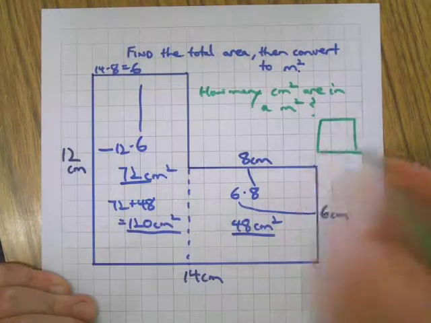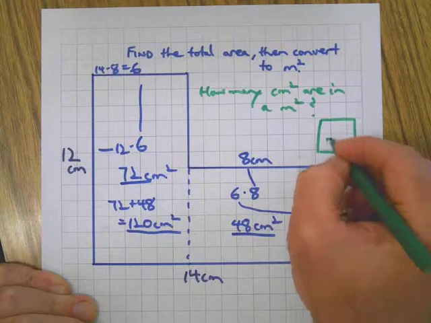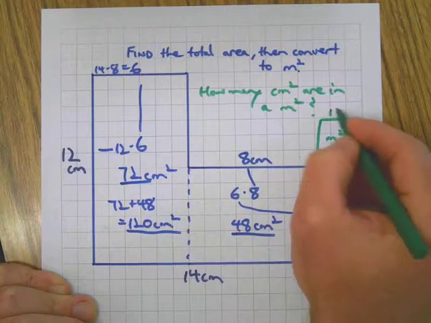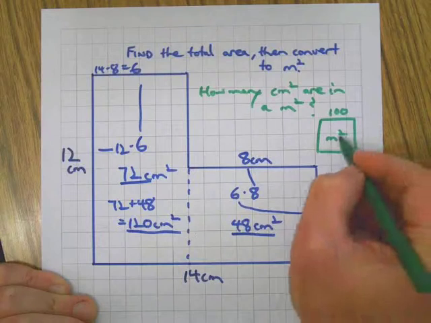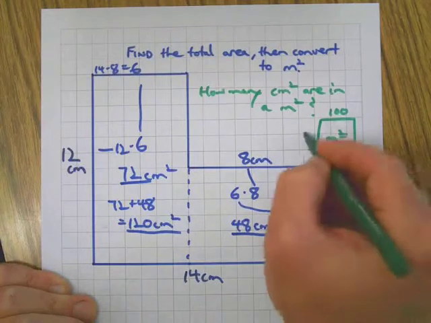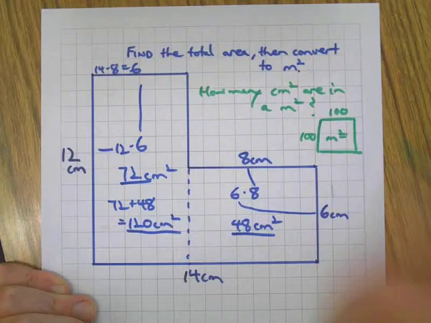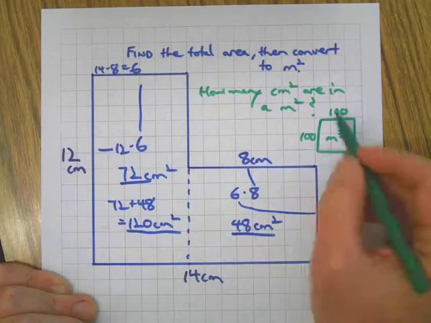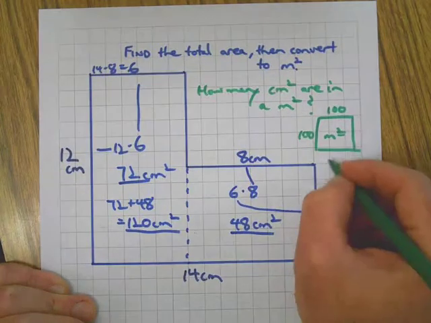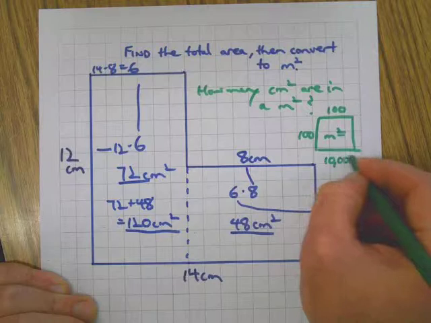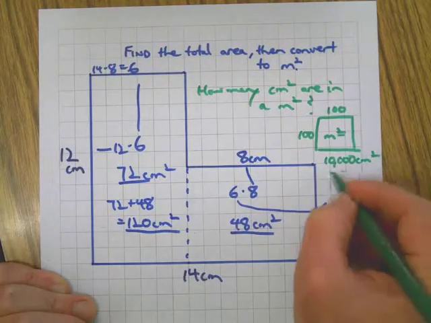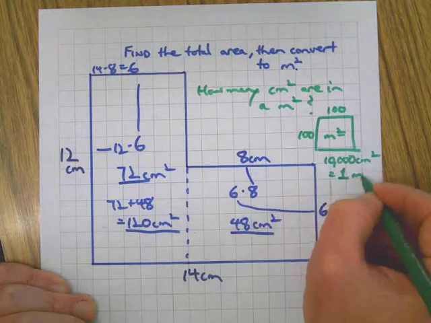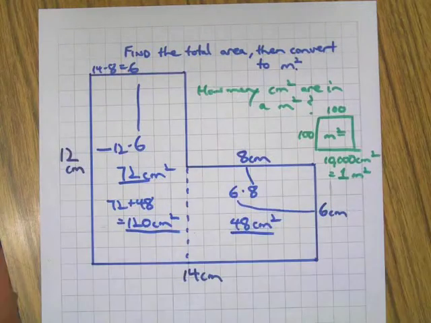So if I was making a sketch here of a square meter, one side of it definitely has 100 centimeters. But because the little 2 tells us, hey, there's 2 measurements there, there's 100 centimeters on both sides. And when I multiply 100 times 100, I get 10,000 square centimeters in 1 square meter.